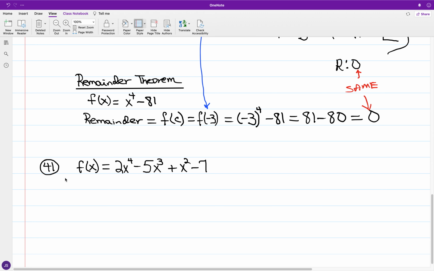We want to find out what the remainder is going to be whenever the input is at 4.